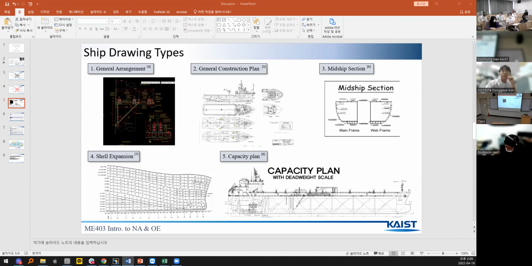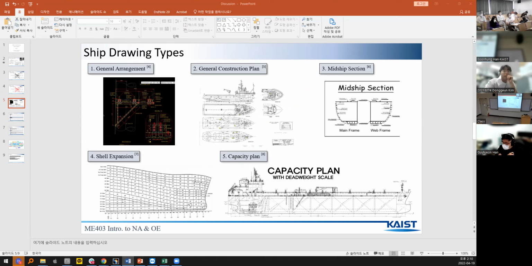And next are the types of drawings commonly used in ship design. The drawings commonly used are the general arrangement, general construction plan, midship section, shell expansion, and the capacity plan.